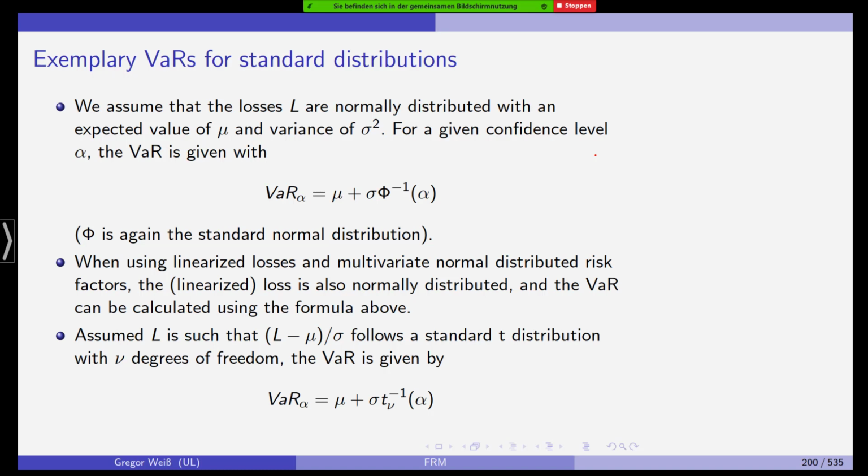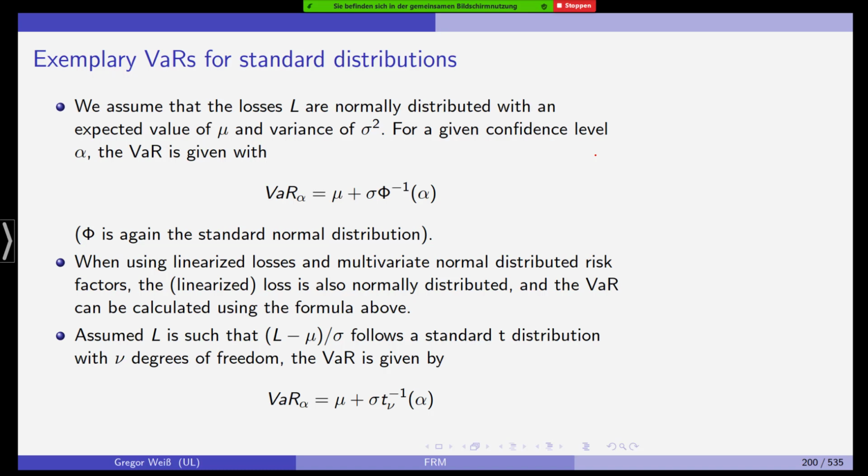Now for normally and t-distributed loss distributions, the valued risk is given by an analytical formula. As you can see here, we have the expected value mu, the variance sigma squared, and then the valued risk for the normal distribution is simply given by mu plus sigma times the quantile of the standard normal distribution.